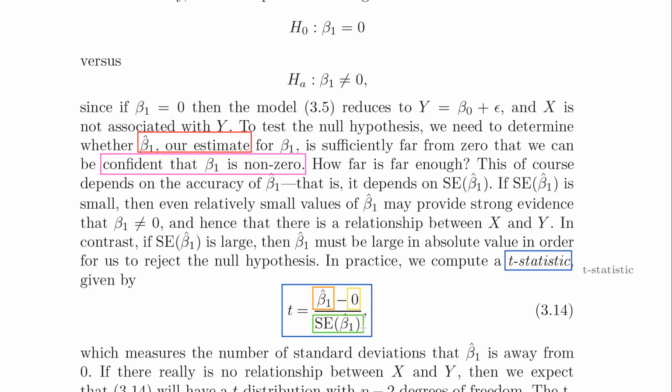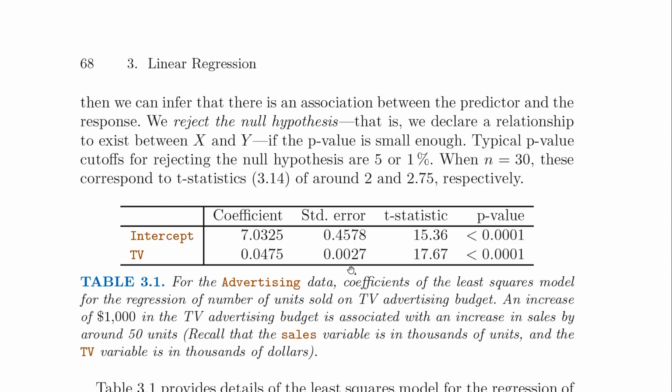Now, to my knowledge, the way hypothesis testing works, and it's been a while, we're going to feed this, once we have the value of t, and for example, it's 17.67 for the slope.